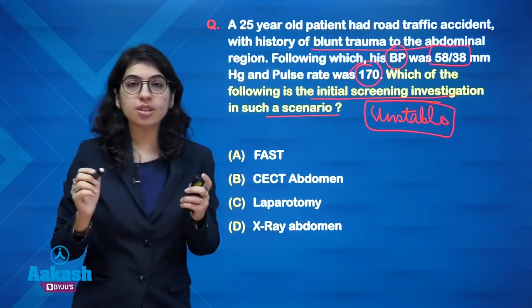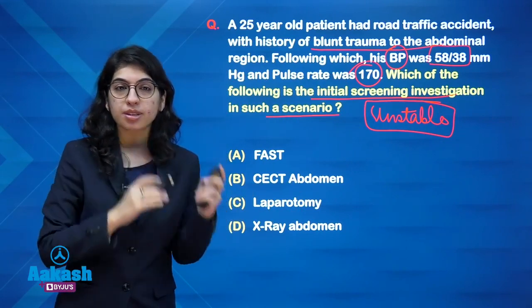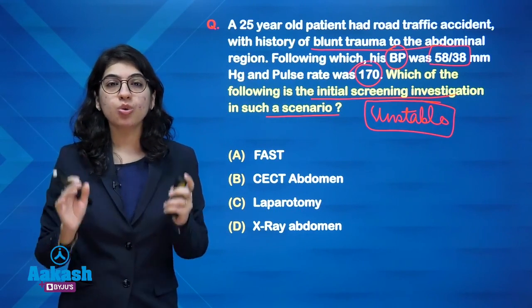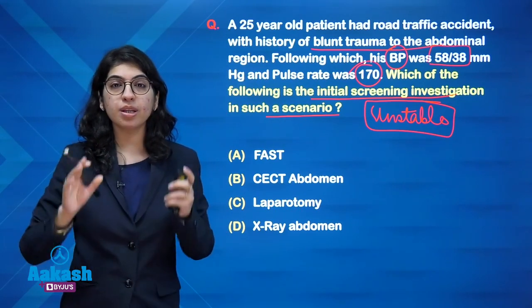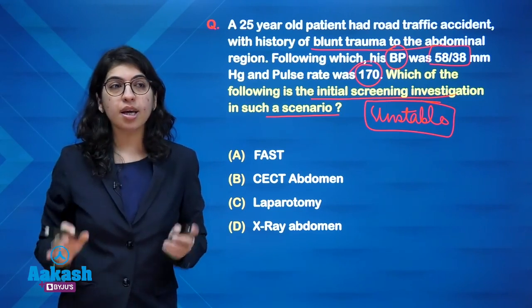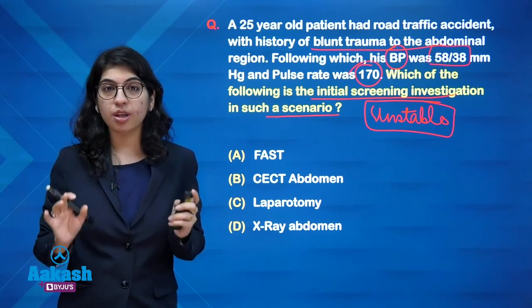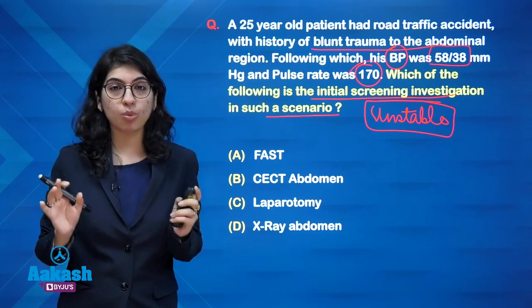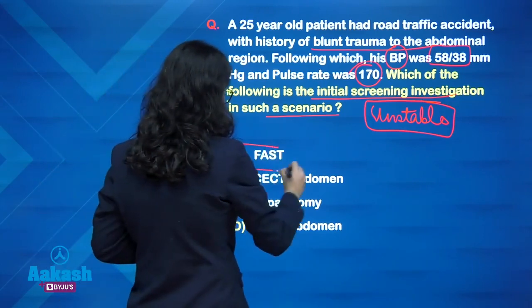Remember, in any blunt trauma abdomen, whether the patient is stable or unstable, you have to do FAST, because FAST is just an ultrasound of the abdomen, easily available in the emergency setting, a very quick study, and you can pick up whether there is free fluid, which can indicate hemoperitoneum. Repeatedly I'm saying this, so clear? The answer again here is FAST.